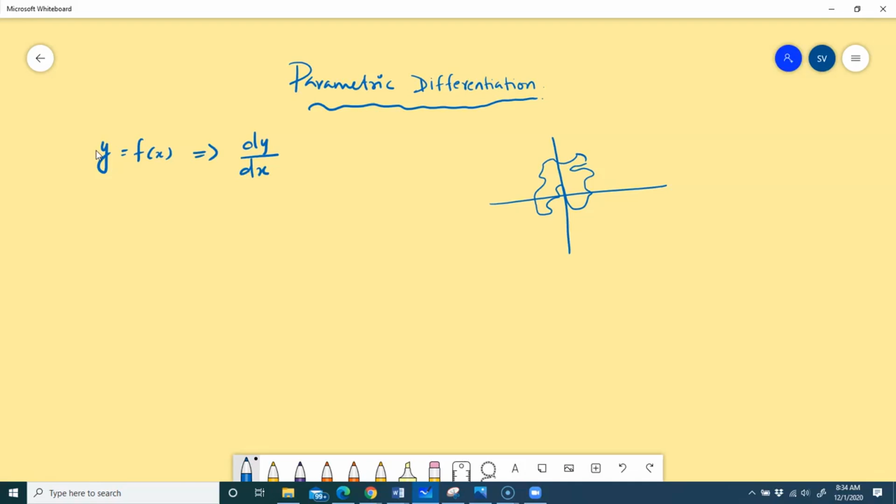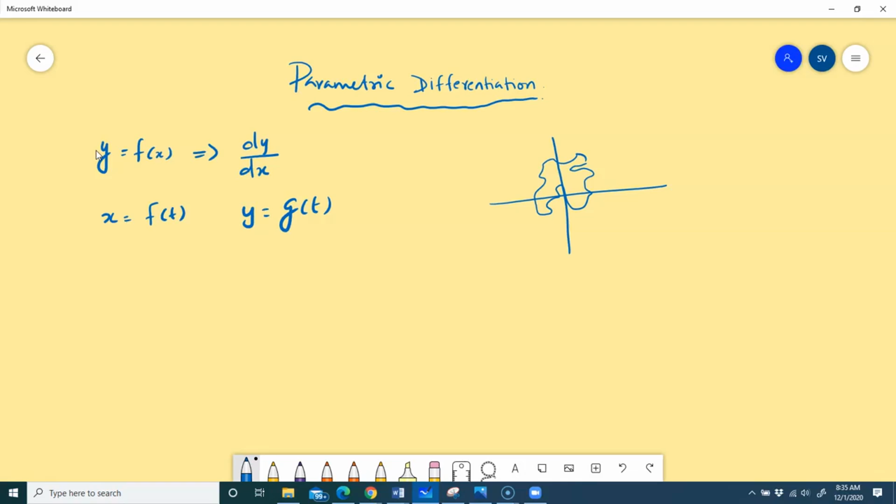If we have the x function and the y function separately in terms of another parameter t, say for example x is equal to f of t and y is equal to g of t, we have two functions. So how can we find the derivative of these functions? Interesting question. This is the new thing that we are trying to discuss, and we need to figure out first how we can find the derivative of this kind of function.